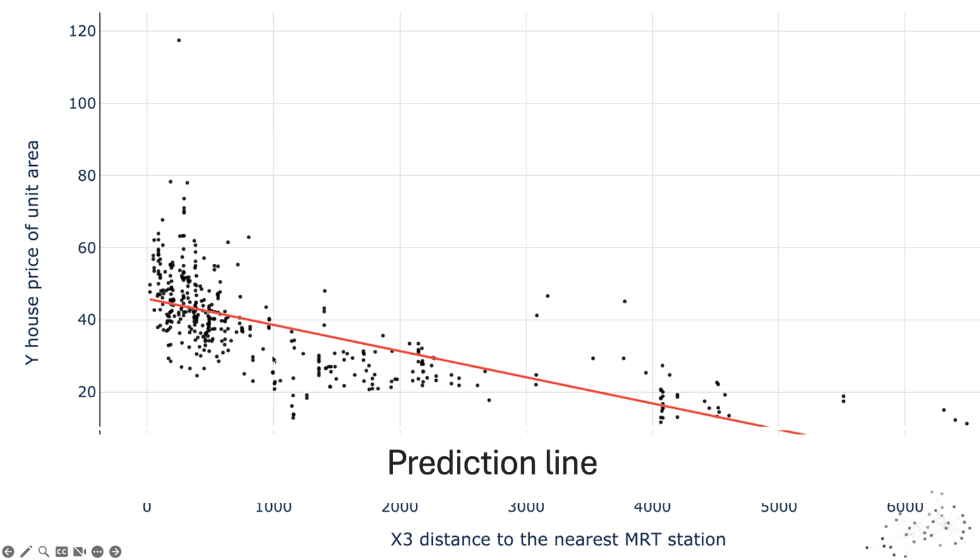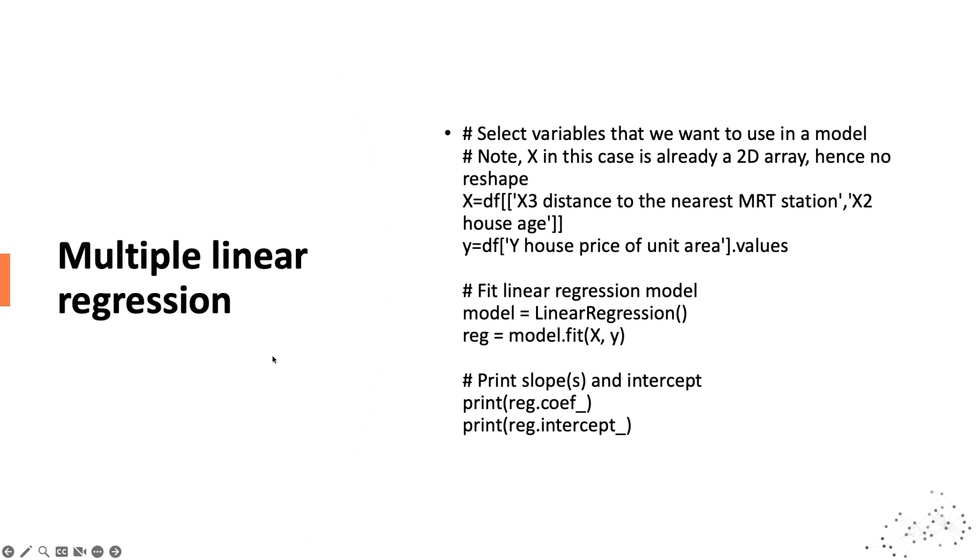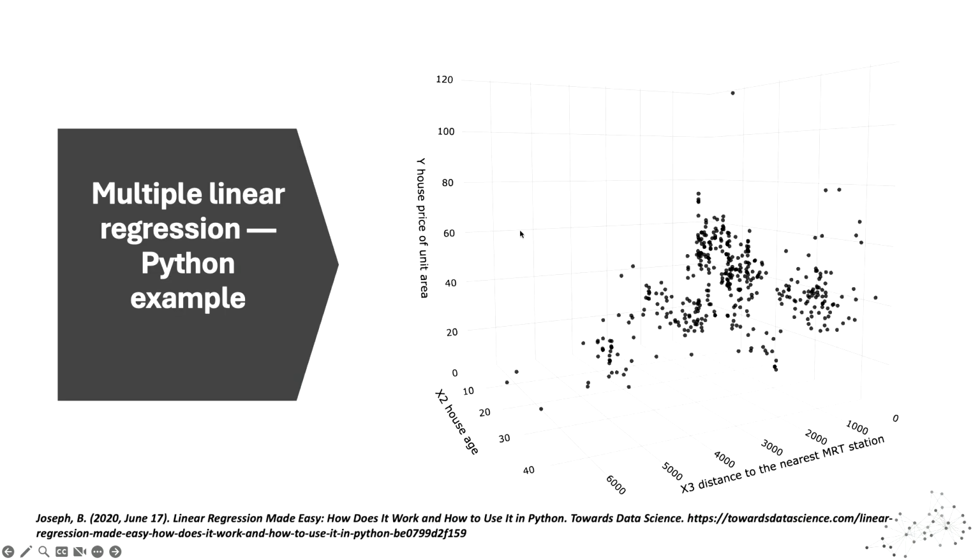So let's now try to create a multiple linear regression model. Now, in addition to the distance, we also include house age, because we believe house age also contributes to the price of the house. So instead of a 2D plot, we now have a 3D scatter plot with data points dependent on variables like distance to the mass transport stations and house age.